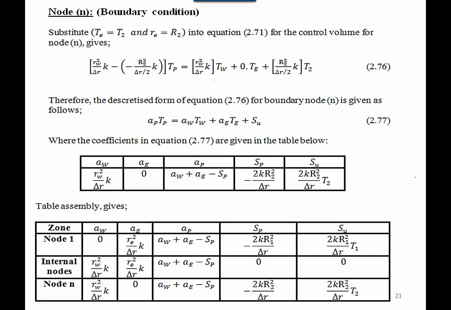For any question which has a case study of a one-dimensional diffusion problem in spherical coordinates with the same boundary conditions, where the temperature at the inner face is known and the temperature at the outer face is known, we can use this general assembly table to make a number of algebraic equations and rewrite the matrix equation. Then we will solve it using MATLAB or our scientific calculator.